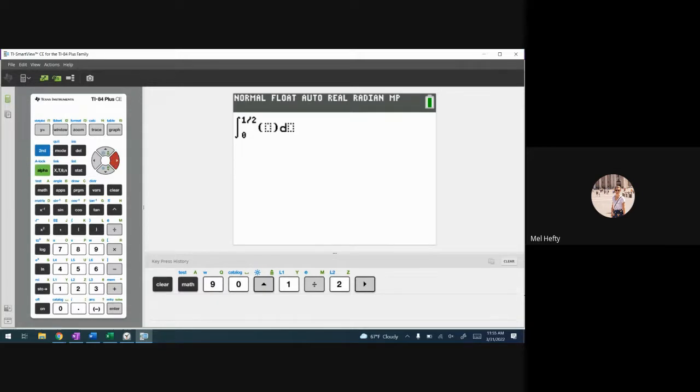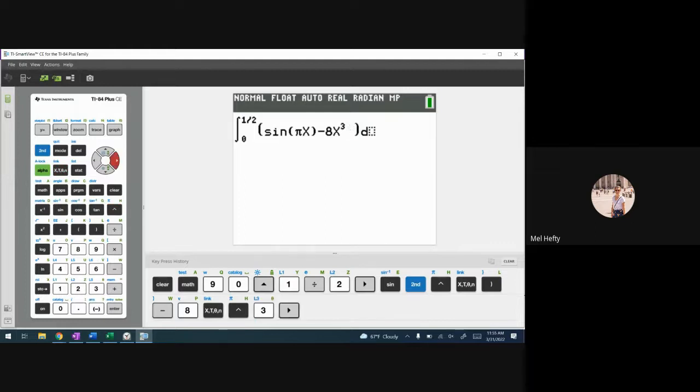Then we had g of x minus f of x, so I'm going to do sine of pi x, hopefully your calculator is in radians mode, minus 8x cubed, and put dx at the end. Hopefully you get that number. If you don't, check that you're in radians.